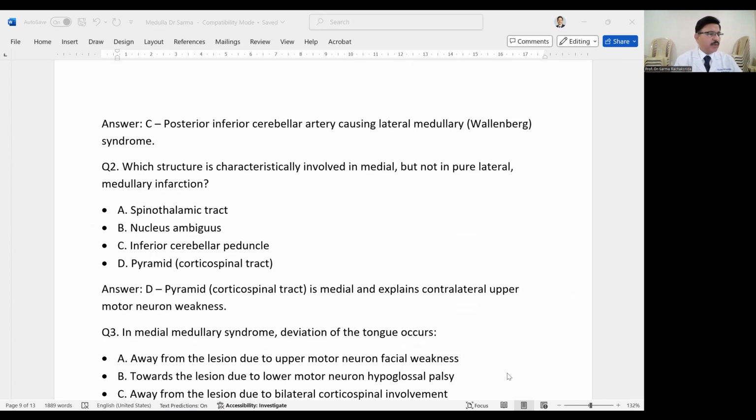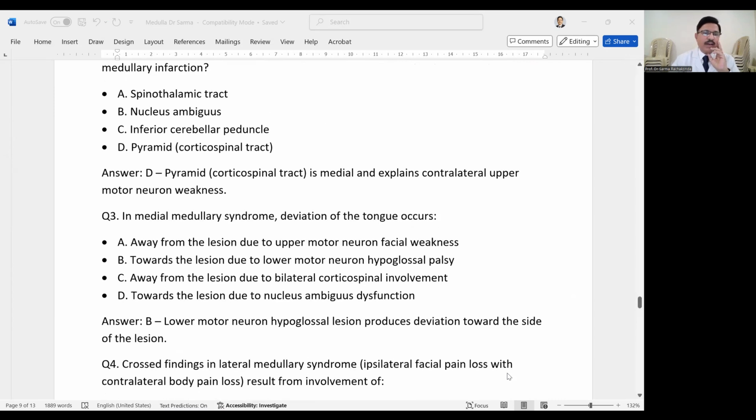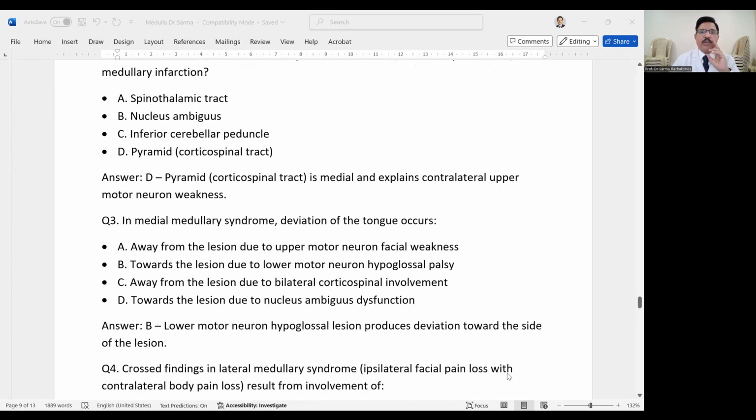Okay. Now see the next question. Lateral medullary syndrome, ipsilateral facial pain loss and contralateral body loss due to involvement of what? A. Now the third one I have to read. In medial medullary syndrome, deviation of the tongue occurs towards the side of the lesion.